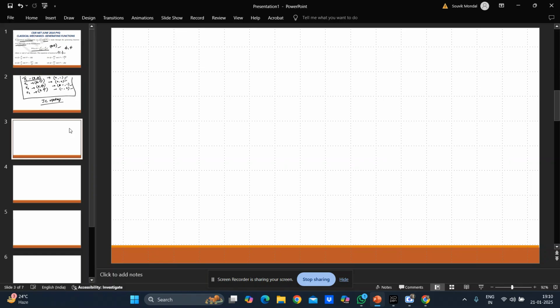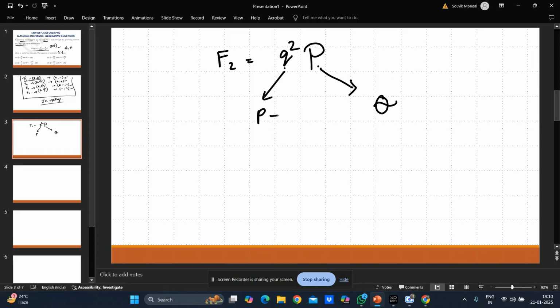Firstly, they have given that F2 is q square P, that is, q square capital P. Now, what is given here is small q and capital P. So from small q you can get small p, and from capital P you can get capital Q. Now, what is the sign convention?